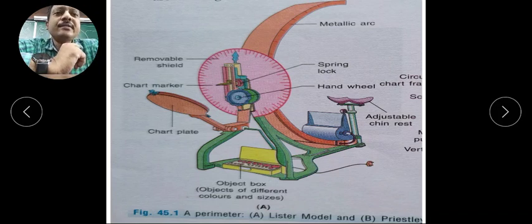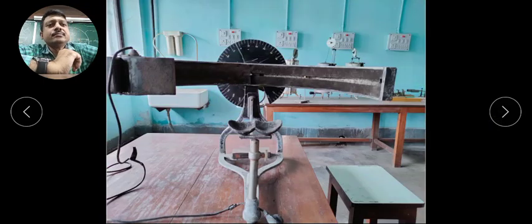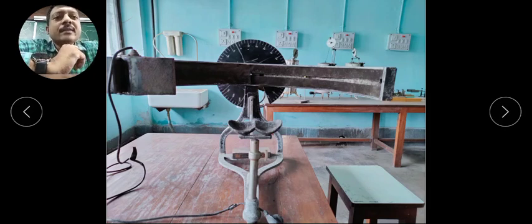This is the Lister perimeter, the front view. The subject should sit facing the concavity of the Lister perimeter. That means the concavity of the metallic arc should face the subject's face.